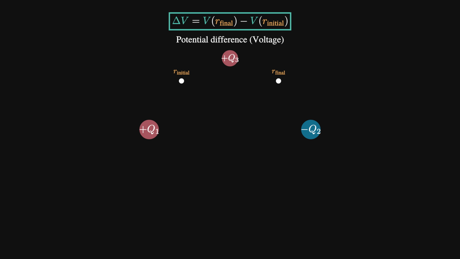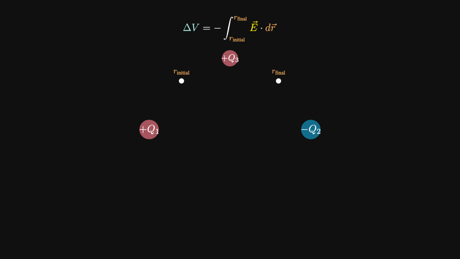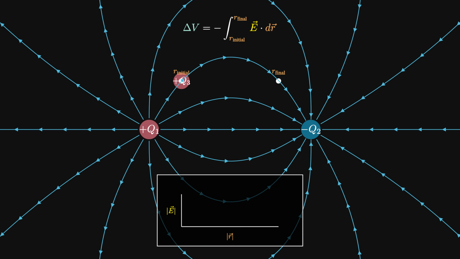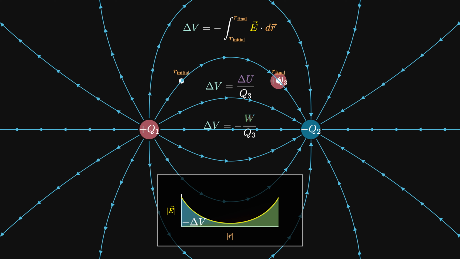In terms of the electric field, this is simply minus the integral from R initial to R final of the electric field dot dr. In other words, it is minus the area under the electric field curve. This is equal to the change in potential energy over Q3. Lastly, as the work done is just minus the change in potential energy, the potential difference is also minus the work done by the field divided by Q3.